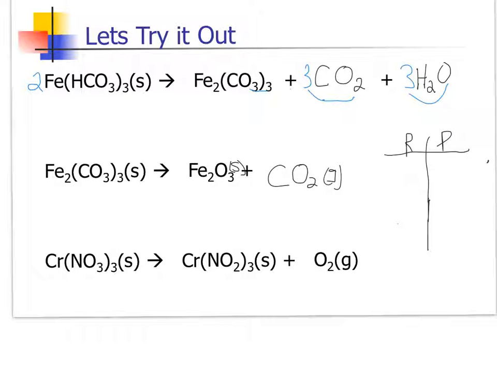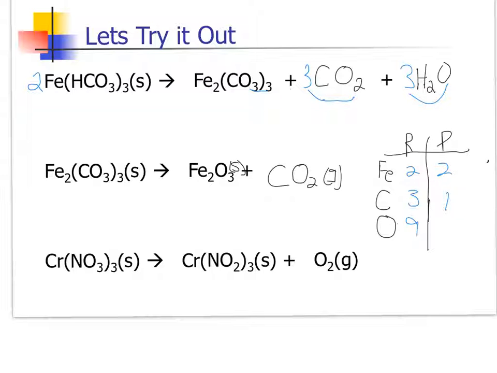And so I can see here I got iron and iron is balanced there, and we'll write it all out because I have a sneaking suspicion that this is not going to be balanced. And so iron 2 and 2, carbon is 3 and 1. Oh, look at there. And oxygen I have 9.